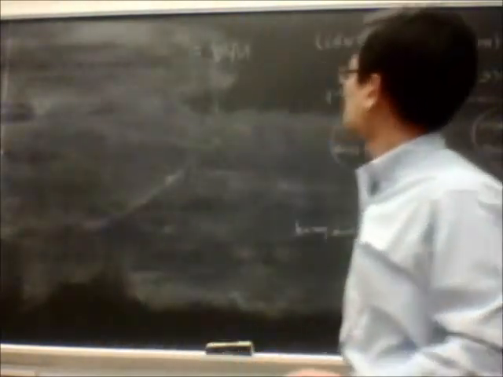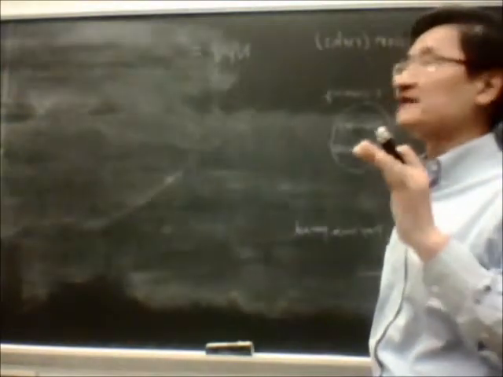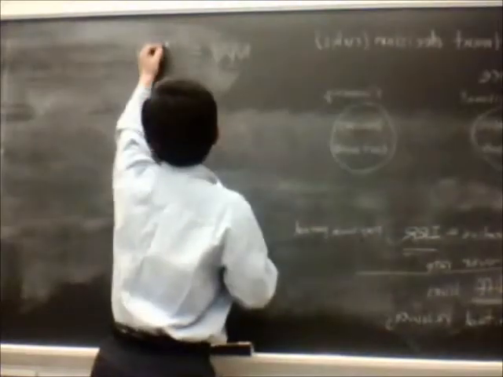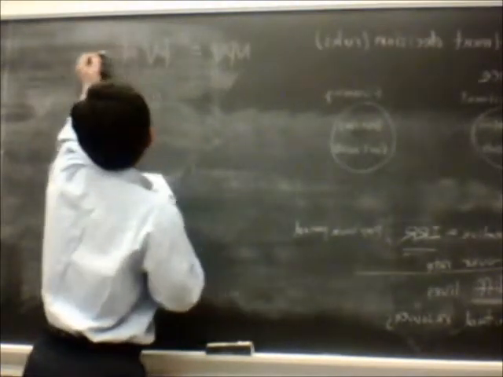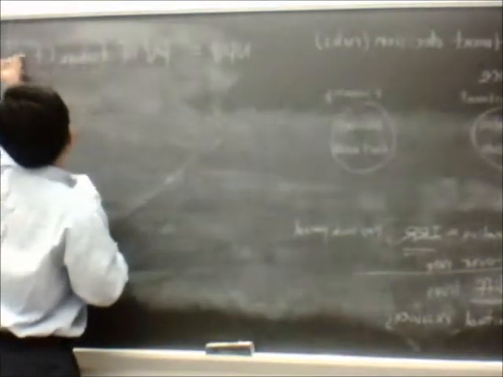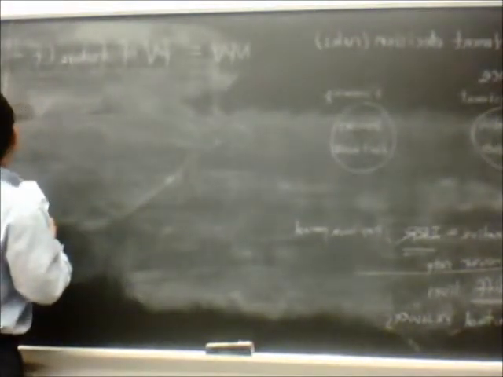Same thing. Gross present value minus cost, investment. So that's the present value of future cash flows minus investment.